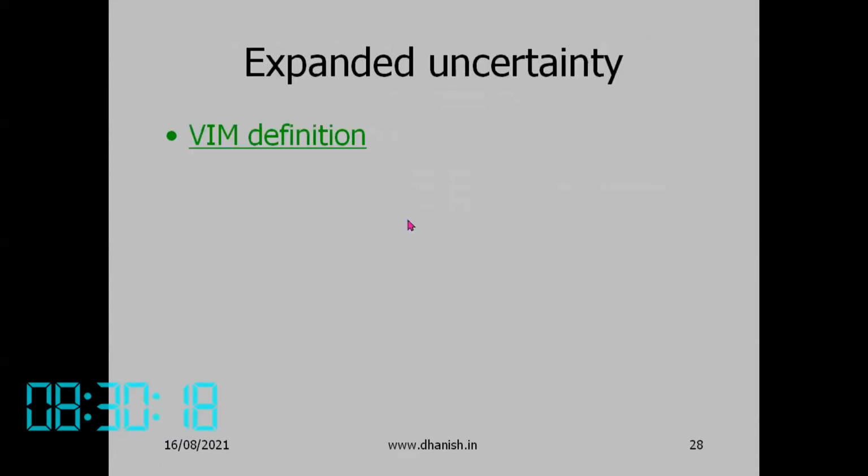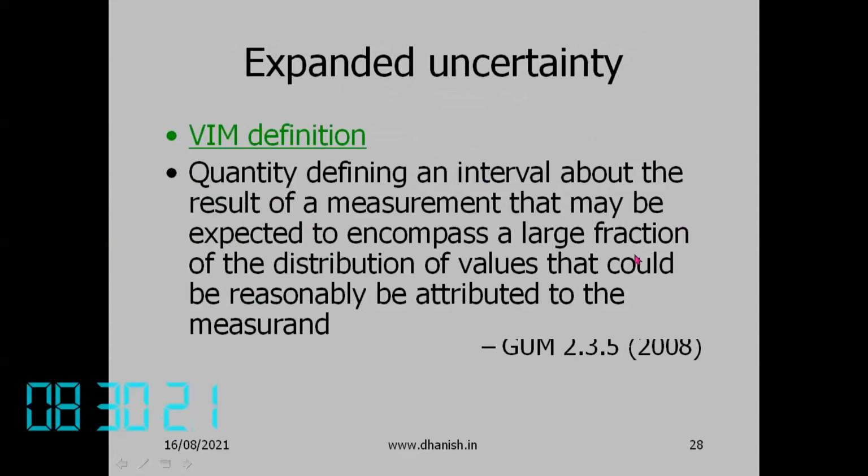The previous definition according to the GUM was a quantity defining an interval about the result of a measurement that may be expected to encompass a large fraction of the distribution of values that could reasonably be attributed to the measurement. But now, as per the VIM, expanded uncertainty is not an interval. So there are some changes in the definitions. This is evolving even now. By next year the definition may change.